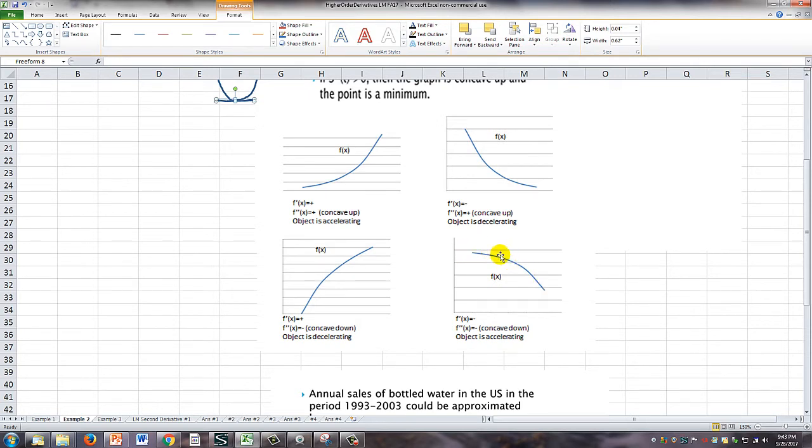Your first derivative has negative slopes. Your second derivative is negative, it's concave down. So what's happening is you are decreasing at an increasing rate, and that's accelerating. So basically, if you want to memorize it: when the signs of the first and second derivative are the same, you're accelerating, and when the signs of the first and second derivative are not the same, you are decelerating.